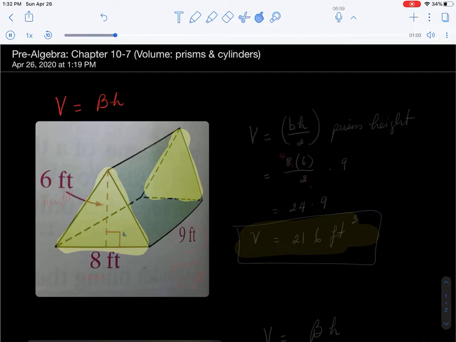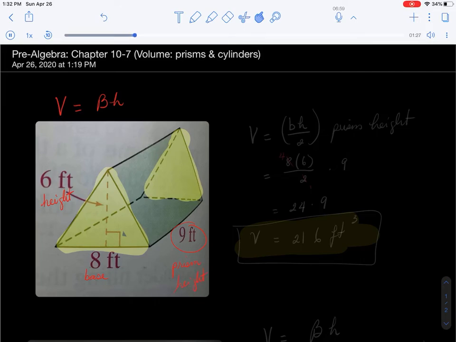In this case, the letter B is the area of the base. This is the base of our triangle, and that is the height of the triangle. Okay, this line right here is connecting the two bases together. So that is my prism height.